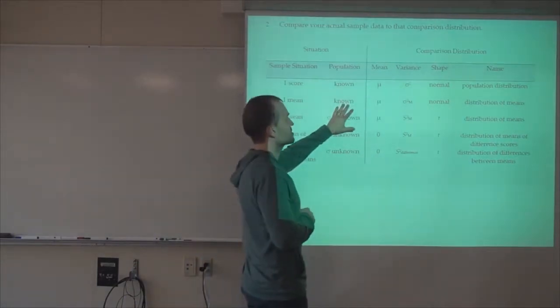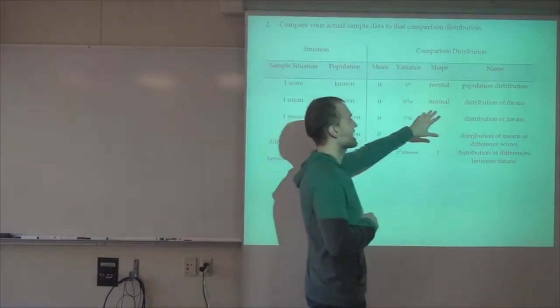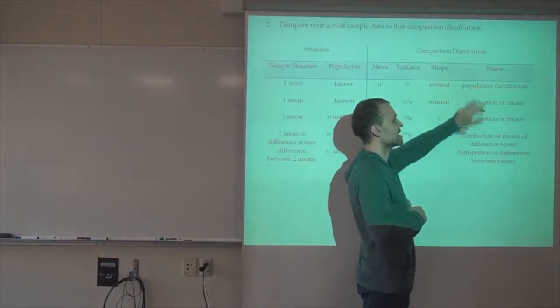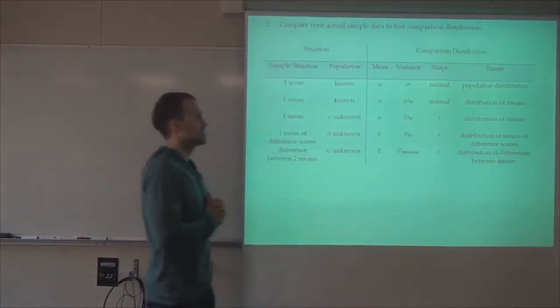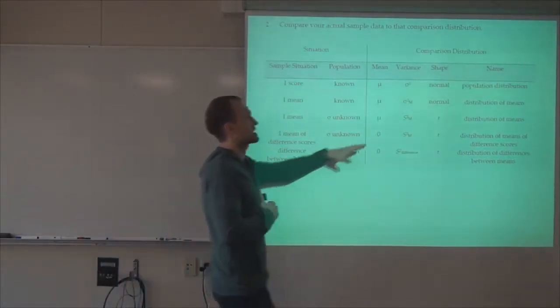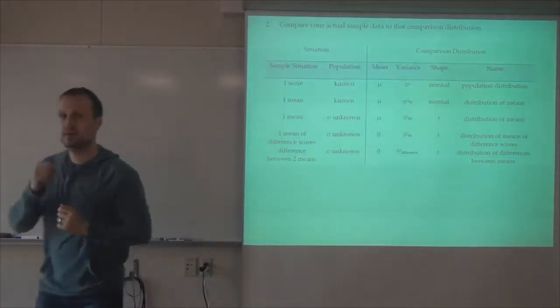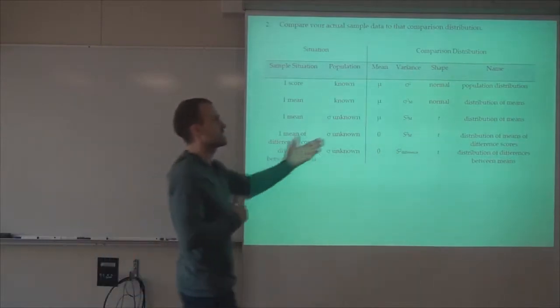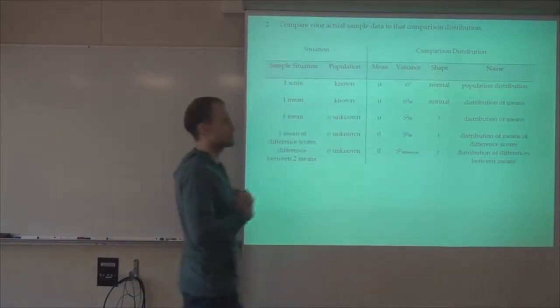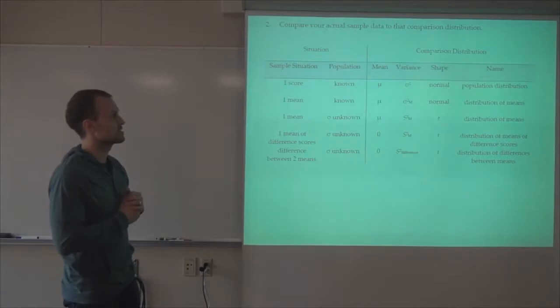I know the population, then I would look at the distribution of means instead of the population and calculate the variance of the distribution of the means. Now the mean is the same for both of those distributions, but the variance is not.